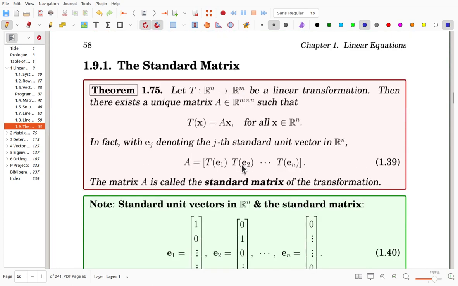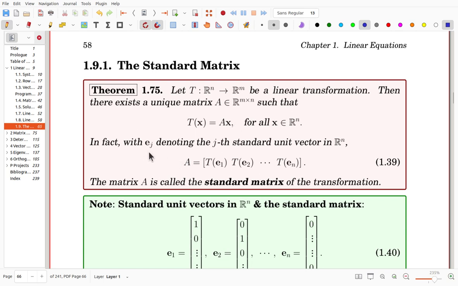Here we have a theorem. T is a linear transformation defined in Rn with codomain Rm. Then there exists a unique matrix A, m by n, where this m is here and n is here, such that T of x is A of x, which means that a linear transformation defined in Rn is a matrix transformation.